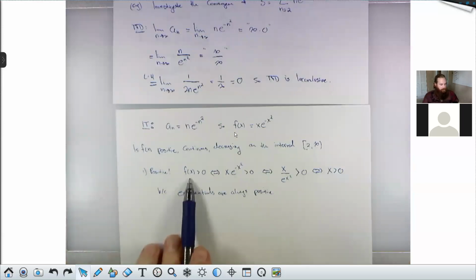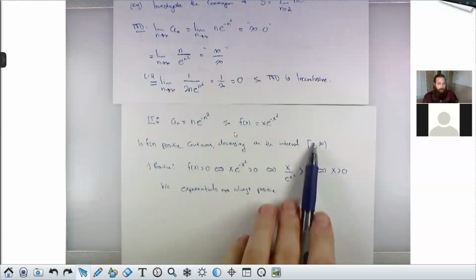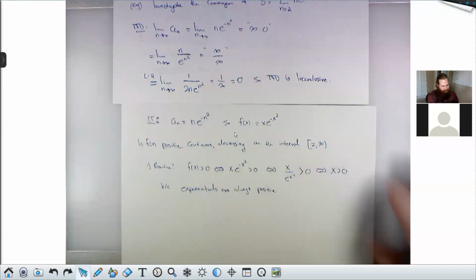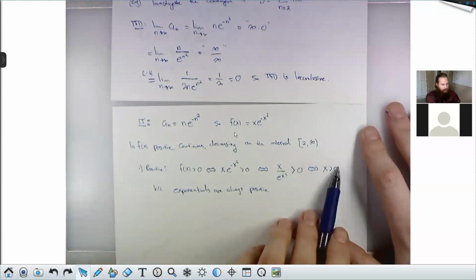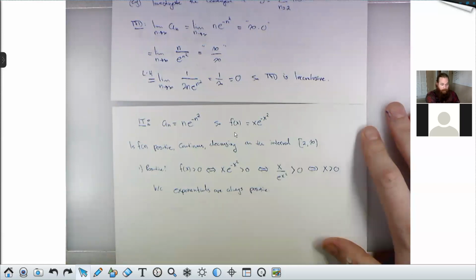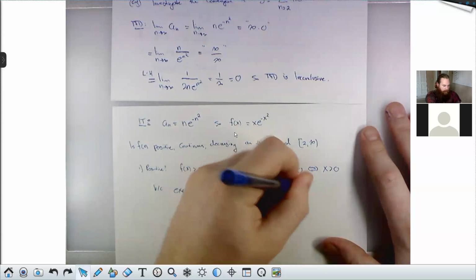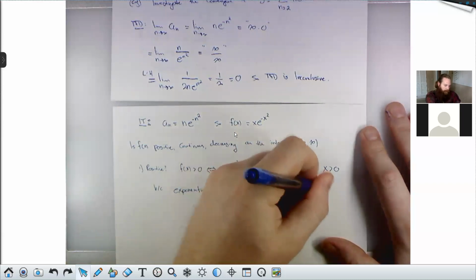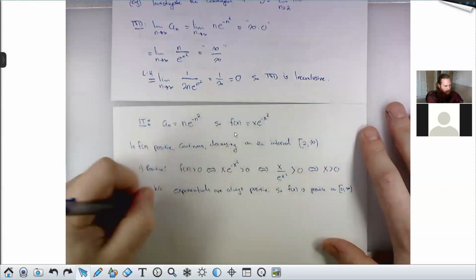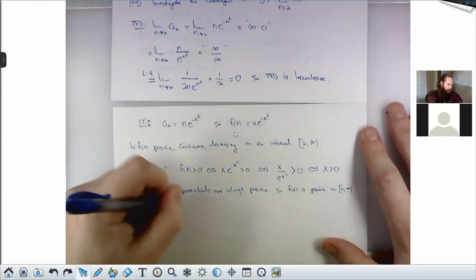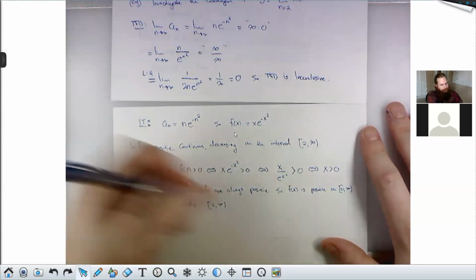So my function is positive if and only if x is greater than 0, and I'm paying attention to the interval 2 to infinity. So is this true here? Yeah. So f of x is positive on 0 to infinity, which includes 2 to infinity.